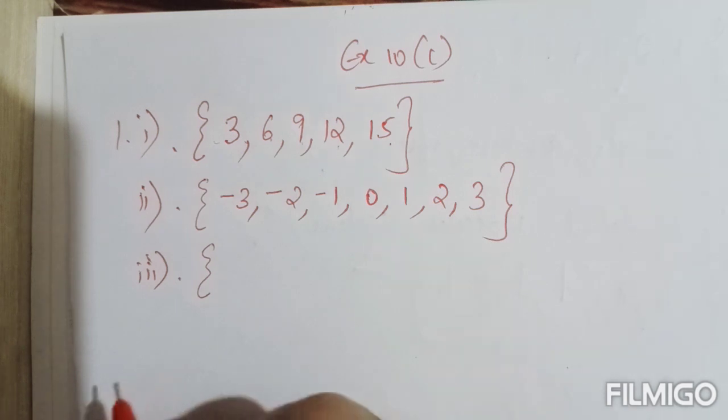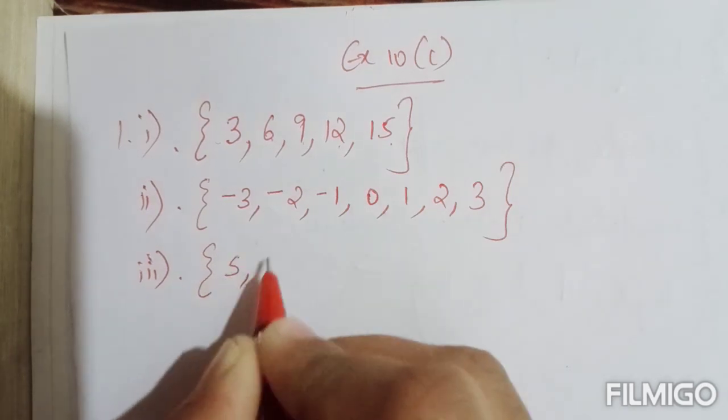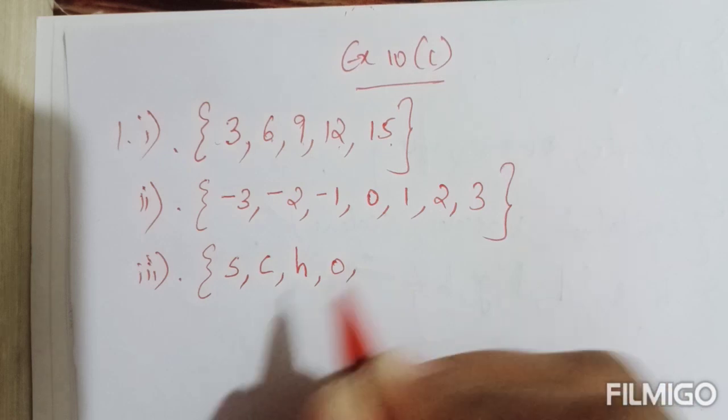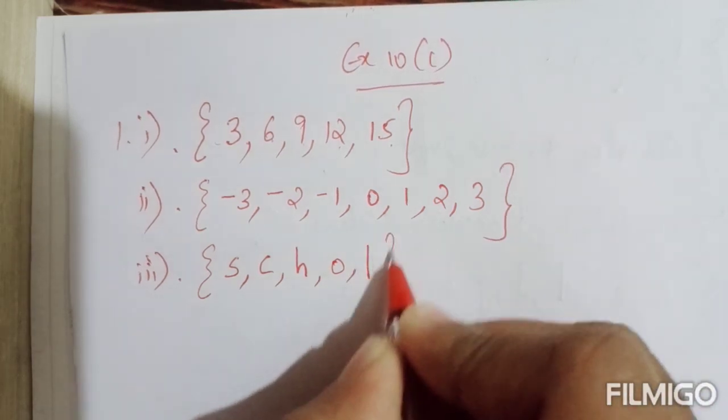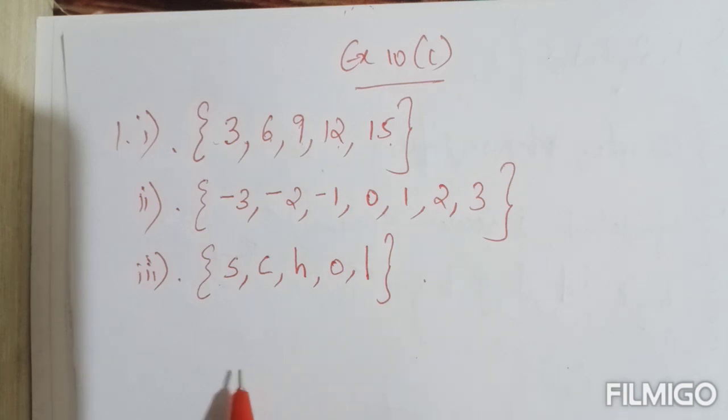So what are the letters used in the word school that you have to write in a set? So S, then C, H, O, again O, no need to write, then L. So this is the roster form of that set. S, C, H, O, L. This is the set of all x such that x is a letter of the word school.